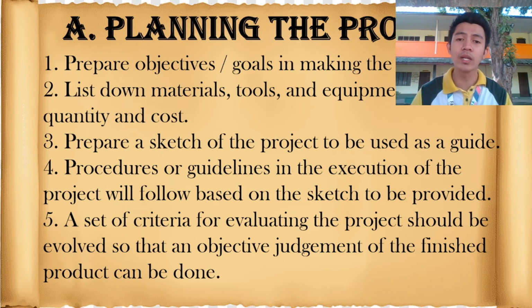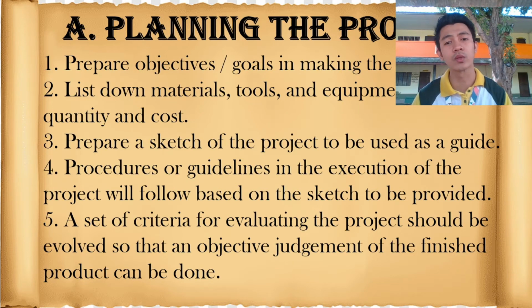Yung mga layunin na to, ito yung mga layunin na gusto nating mangyari, yung gusto nating makamit, at gusto nating ma-achieve kapag gumagawa tayo ng project plan or kahit ano pa mang proyekto na ating gagawin. Alright? Number 2, list down materials, tools, and equipment with their quantity and cost.